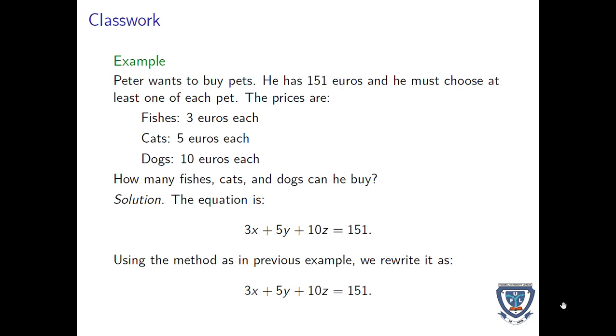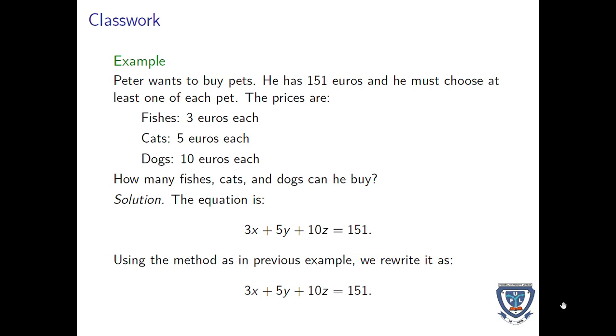The prices are fishes, 3 euros each, cats, 5 euros each, dogs, 10 euros each. How many fishes, cats, and dogs can he buy? Solution: the equation is 3x plus 5y plus 10z equal to 151.